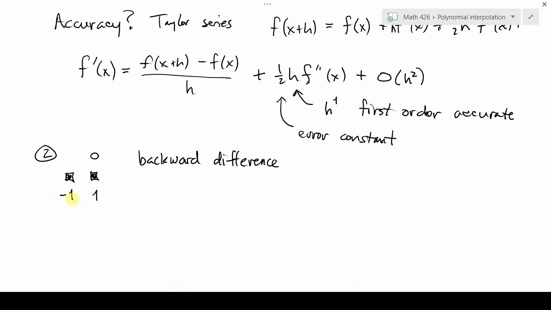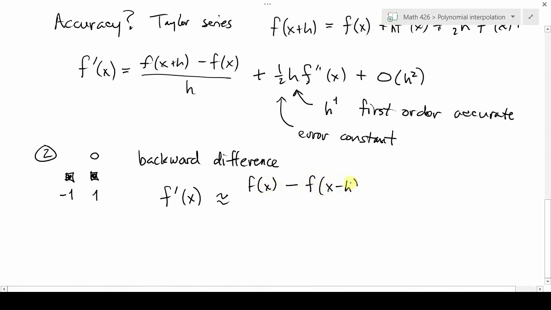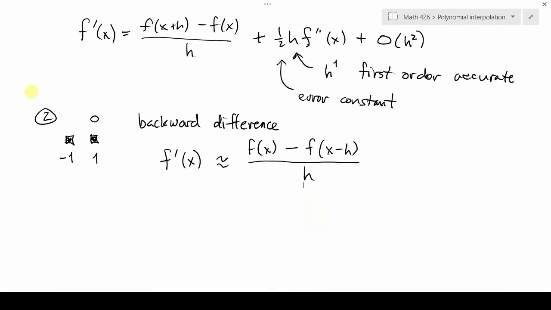So the circle tells us that f prime of x, that's the location of the circle, is 1 times f of x minus 1 times f of the node to the left. Right, which is just an alternate way of computing or estimating the derivative.